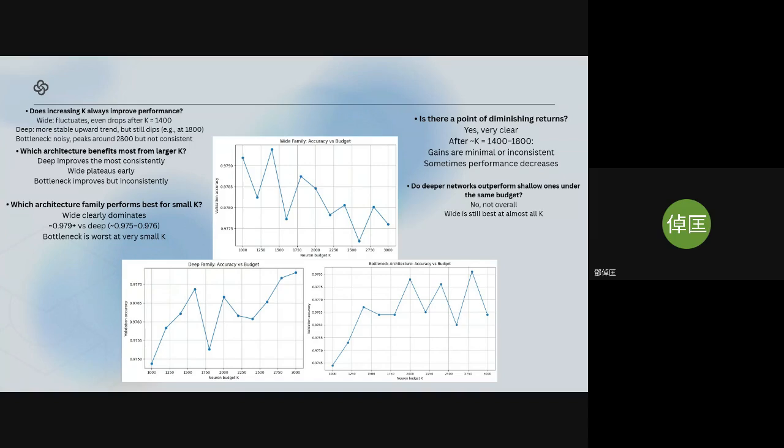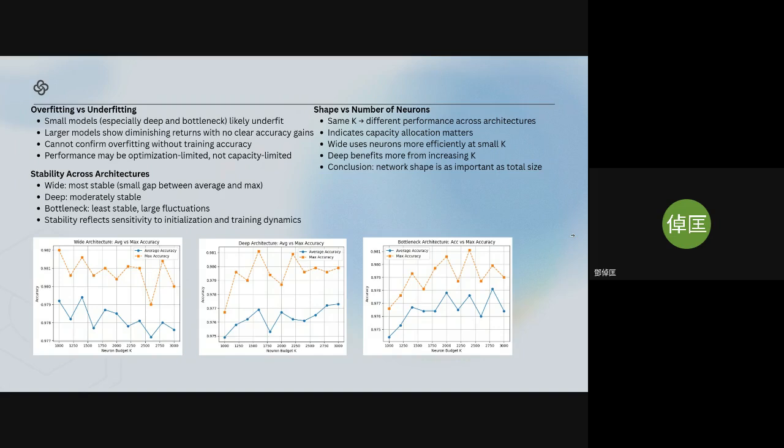And then next slide, please. Yeah, and then here for the overfitting and underfitting, it's a bit hard to tell because I didn't record the training and the test accuracy, so we can't be sure of that. But I think that based on what you can see, the smaller models are probably underfit because they're improving a lot, and also we're testing this against the validation set, which doesn't have anything to do with the training set.